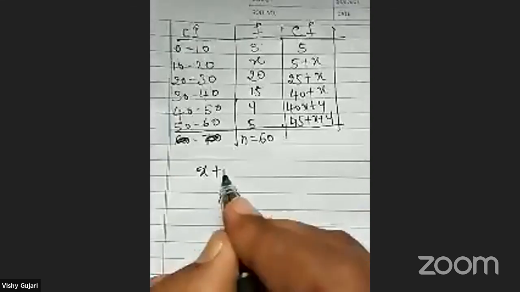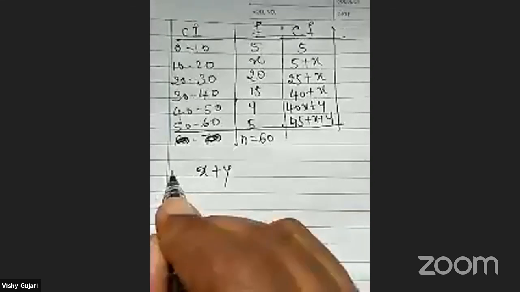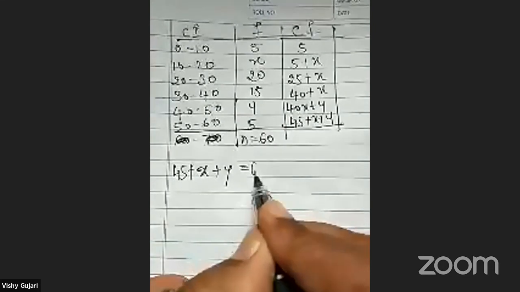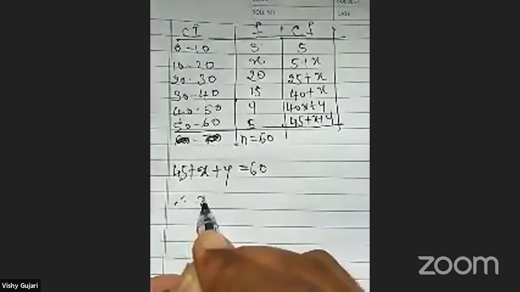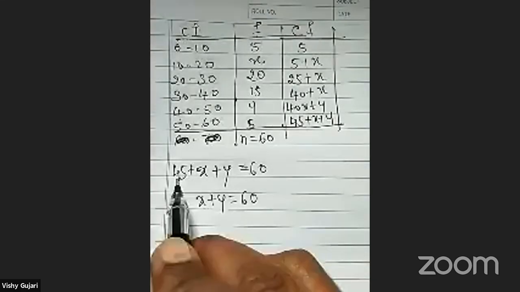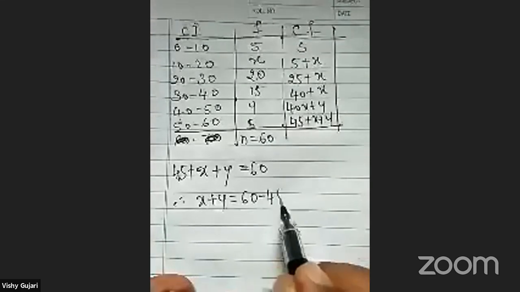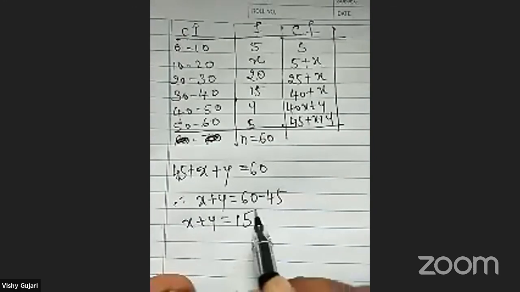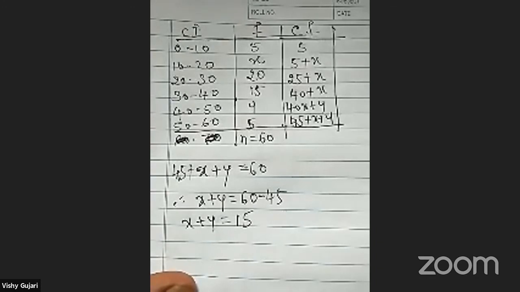Look here, 45 plus x plus y is equal to 60. Therefore, x plus y will become 60 minus 45. x plus y will become 15. Is it clear or any doubt? Yes sir, it's clear.